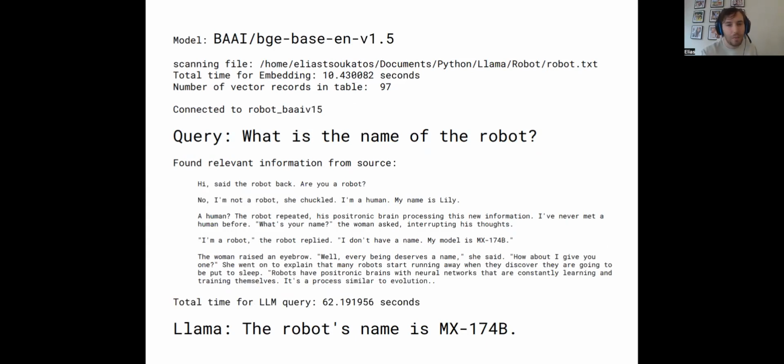And I asked the same question. It took a little bit longer than 10 seconds to create the embeddings; this model took longer than the previous one. When I got the response, it took 62 seconds to respond, and it also got the name wrong. So there was no improvement here.